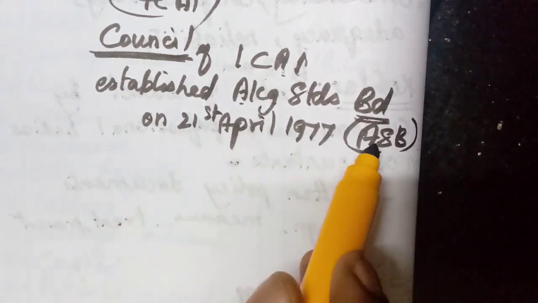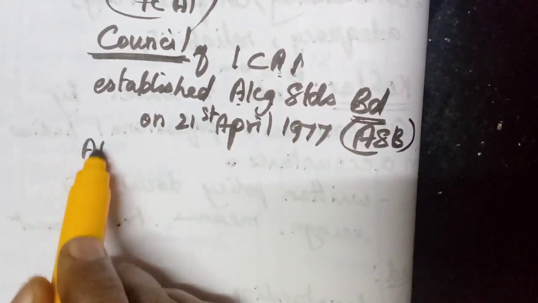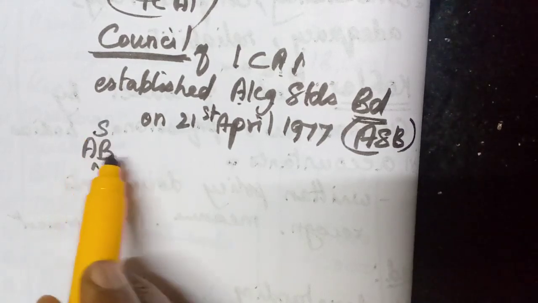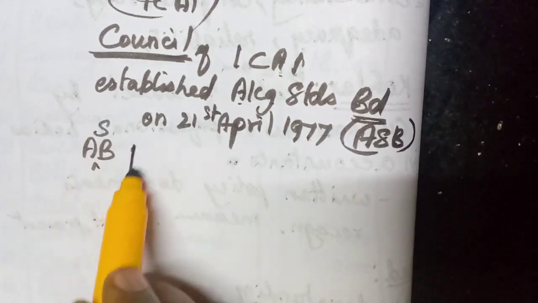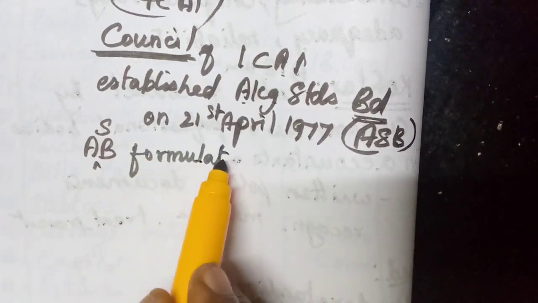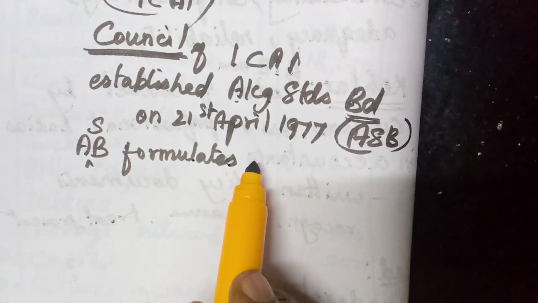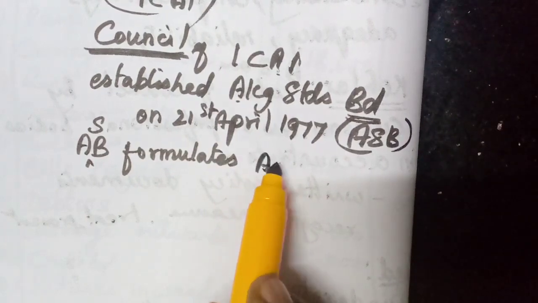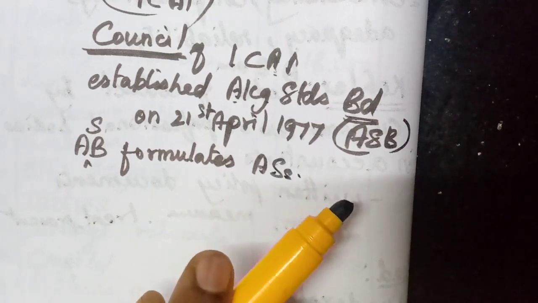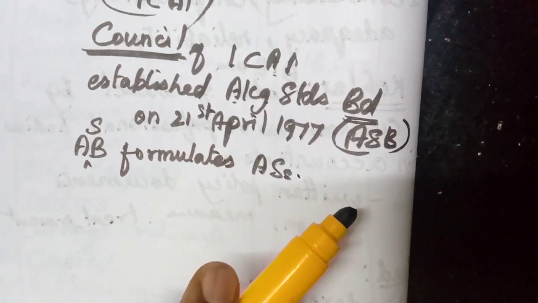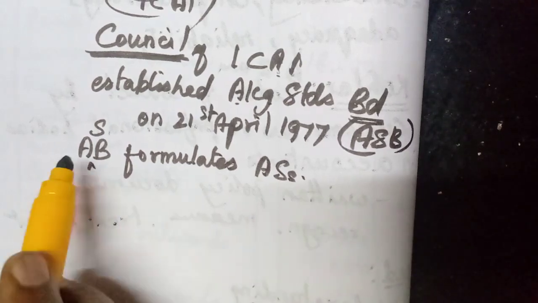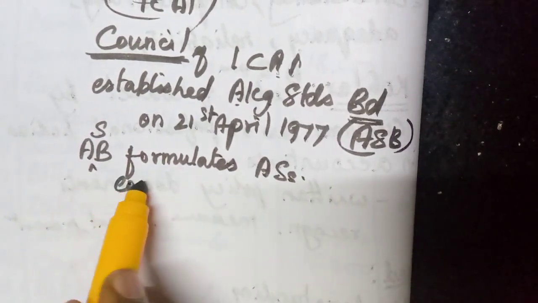This board only formulates the accounting standards. Formulate means they frame the accounting standards in India. Here they will consider many things.